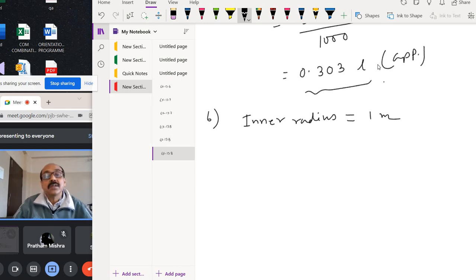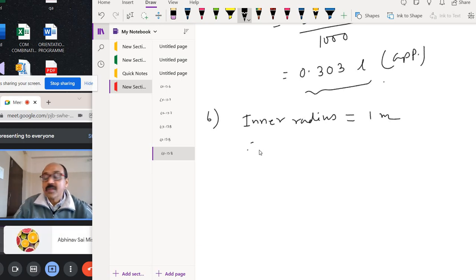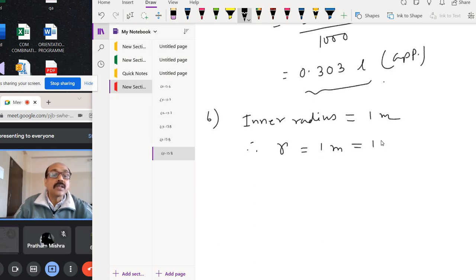So change it to centimeter because thickness is in centimeter. Therefore, radius R equal to 1 meter equal to 100 centimeter.